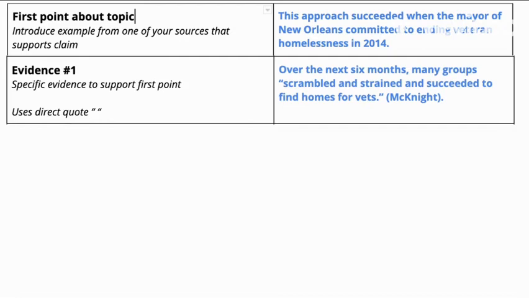Notice how I actually use quotation marks, and I copied that part directly from the article to show how they were succeeding. Also, make a note of the citation that I used at the end of my sentence. I put the last name of the author in parentheses to show that that's where I got that quote.